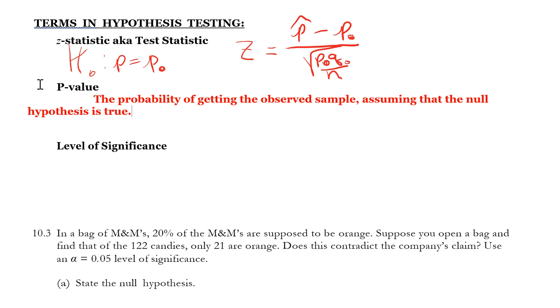Now you have to be very careful with this. It's not saying that the null actually is true. It's this big assuming, like underline and hearts and stars and whatever you need to do to convince yourself that this is not what's going on. You don't have evidence that it's true or false at all. You're just going to use it to build your distribution. Assume that it's true, build your distribution, and then find the probability.